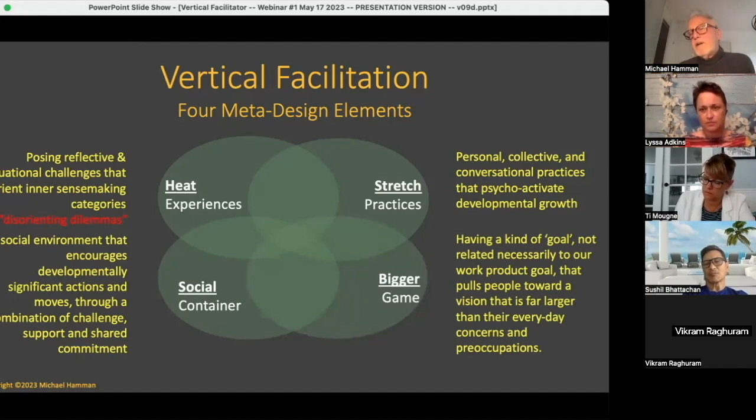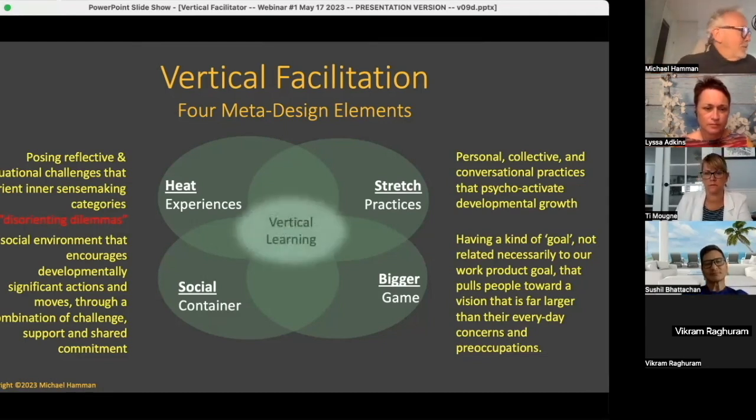So for instance, we invited you all to look at what might be an intention that you would hold, something that gives a context for what we're doing, that empowers that context, and it has the effect of amplifying all of the other elements here.